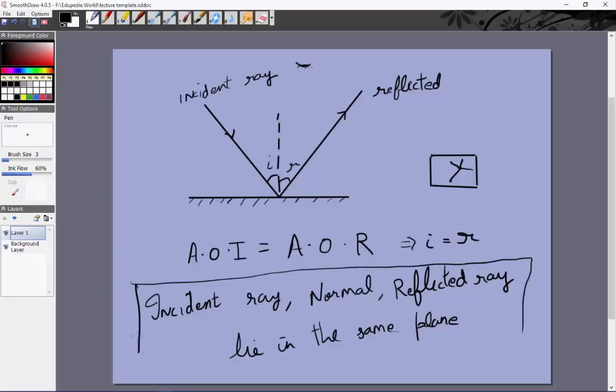It just tells us that without this second law there was a possibility that it would turn, but it indeed does not turn, and therefore the incident ray, the normal, and the reflected ray lie in the same plane. By the way, the normal is referred to generally as normal at the point of incidence. This is the point of incidence, but I'm just going to say normal, and normal would mean automatically the normal at the point of incidence.